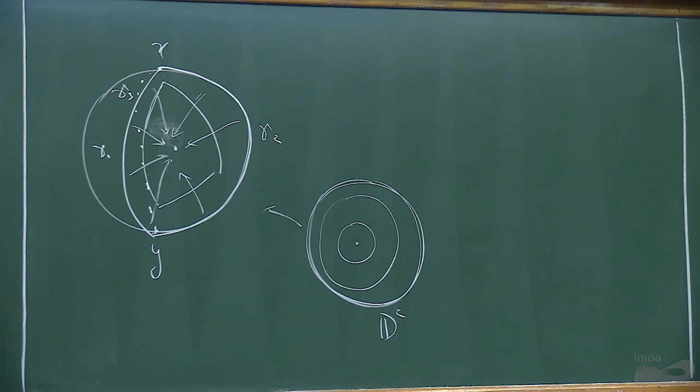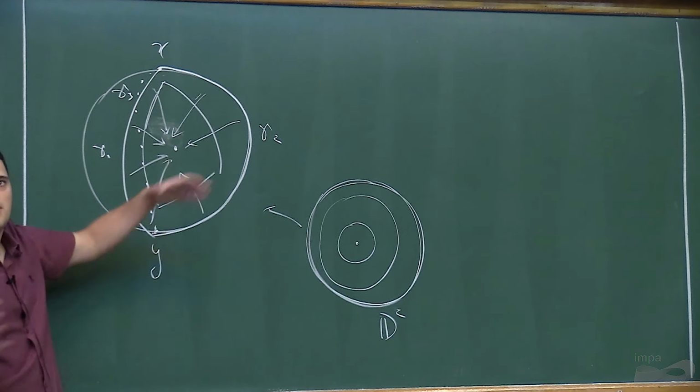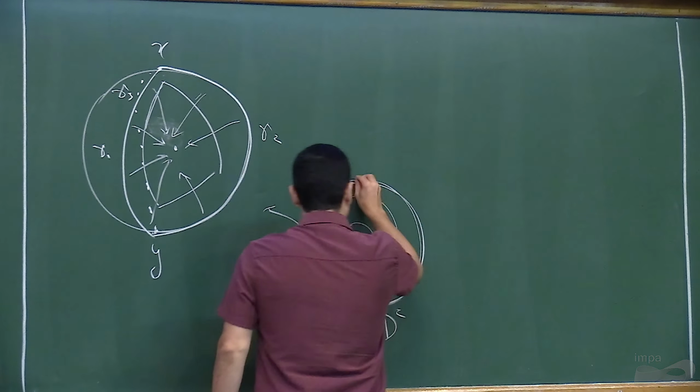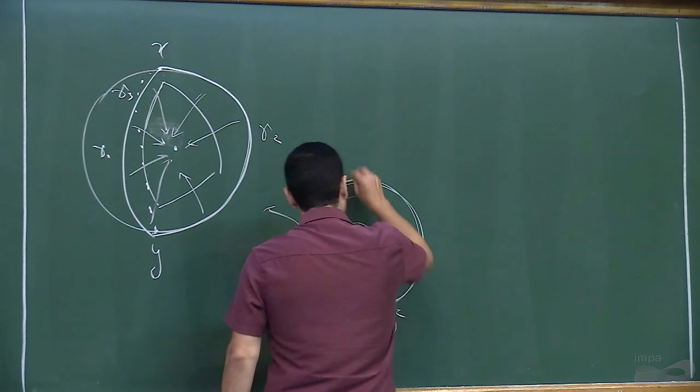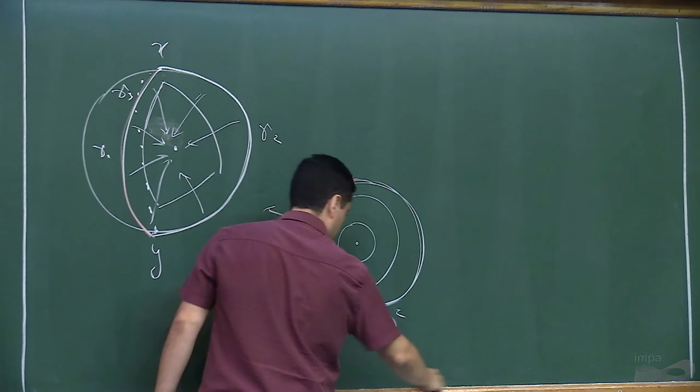Now you have 3 maps of disks like this, and you combine them because on the boundary, they are just parametrizing the curves gamma 1 and gamma 2.